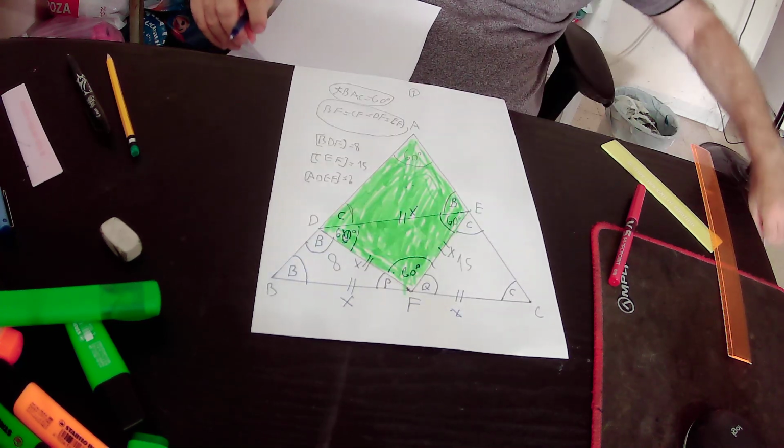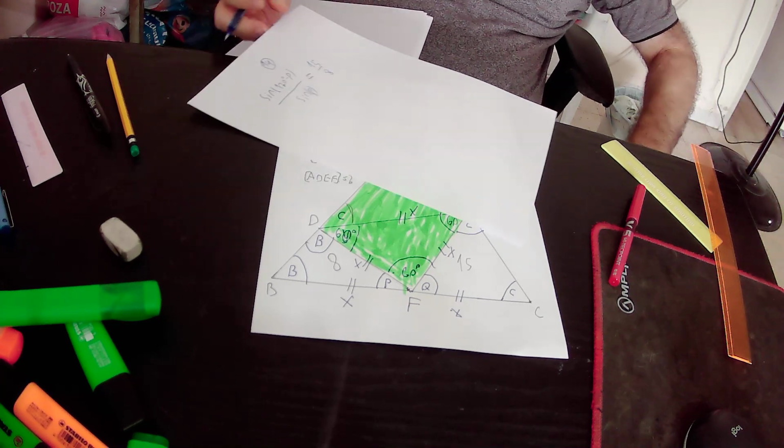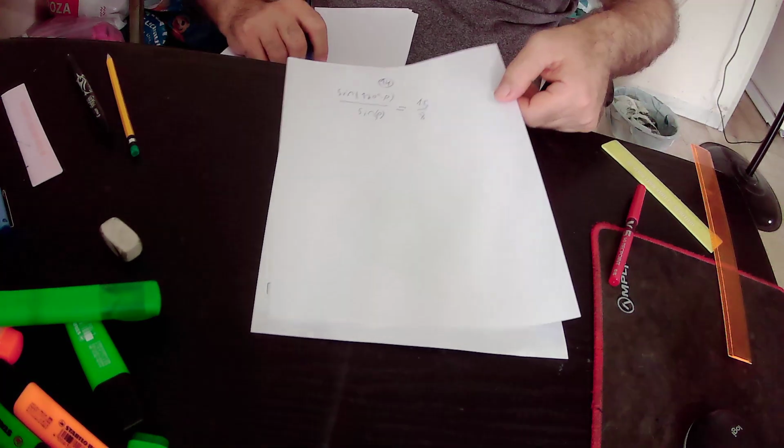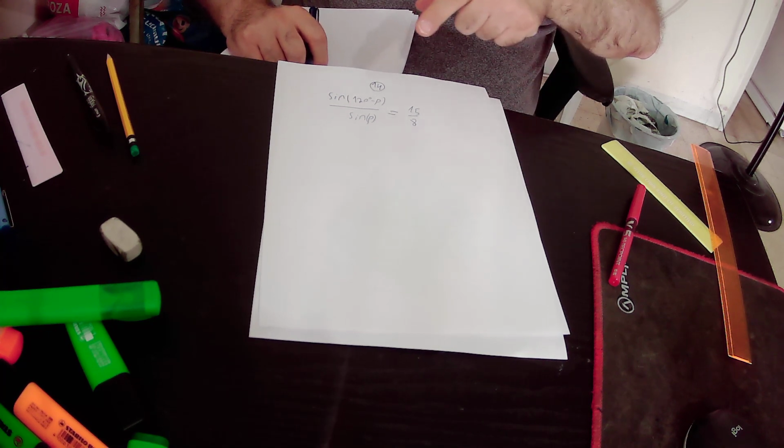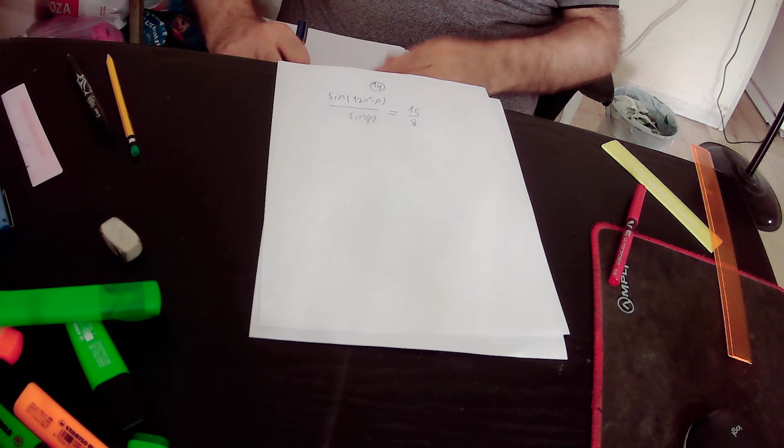So sine of 120 degrees minus p over sine p equals 15 over 8.